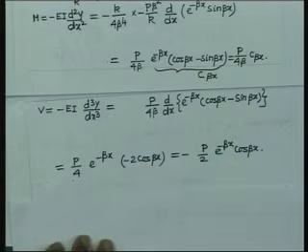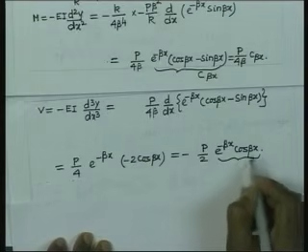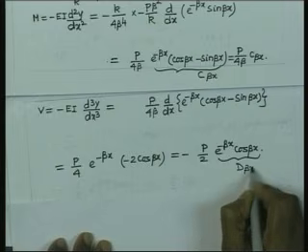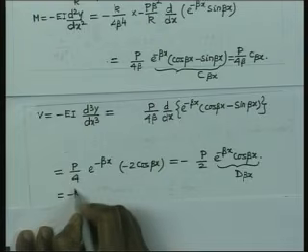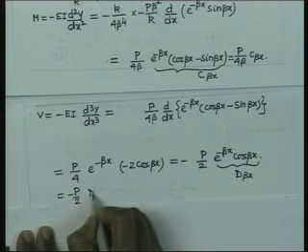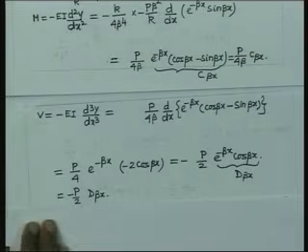This we represent by D beta x, and therefore this expression becomes minus p by 2 D beta x.